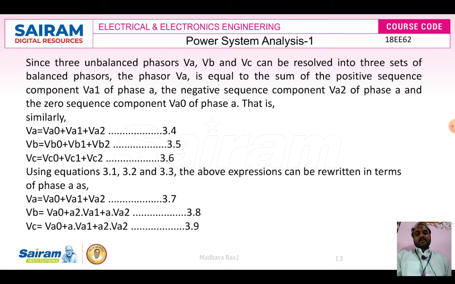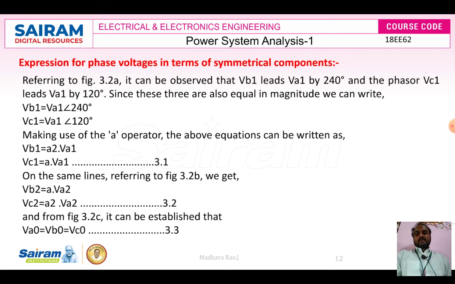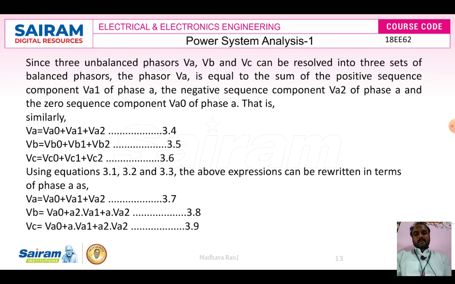VB, VC using these relations. VB1 is equal to VA1 at an angle 240 degrees, VC1 is equal to VA1 at an angle 120 degrees. We will substitute these relations here. VA will be the same, and VB1 you can write as a square into VA1, VB2 as a into VA2, similarly VC1, VC2.